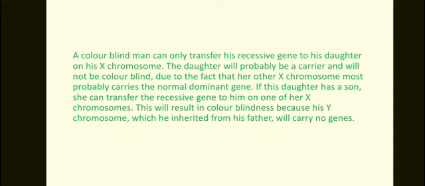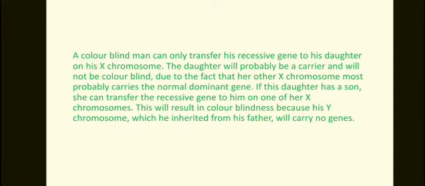If I speak about that with the diagram, if this daughter has a son, she can transfer the recessive gene to him on one of her X chromosomes. You understand what I mean, guys? So this man can only transfer his recessive gene to the daughter. The daughter will be a carrier, but normal phenotypically, not colorblind.